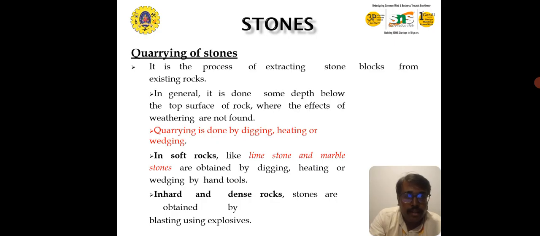Now quarrying. It is the process of extracting stone blocks from existing rocks. Rock is everywhere, but we need to extract a particular element. If I want only granite, we have to extract only the granite by means of quarrying. In general, it is done at some depth below the top surface of the rock, where the effects of weathering are not found.